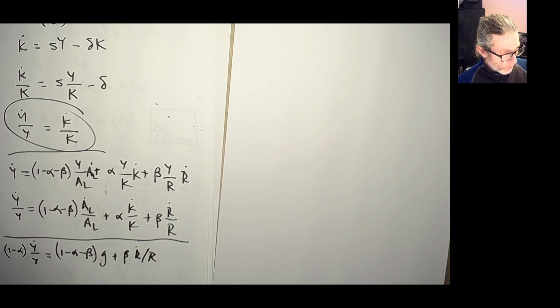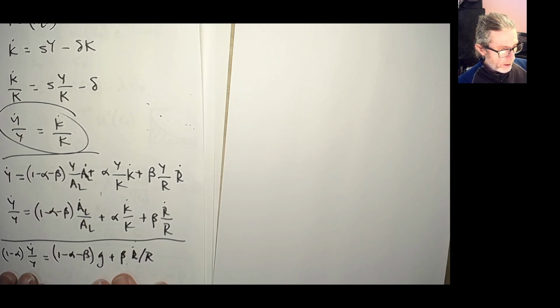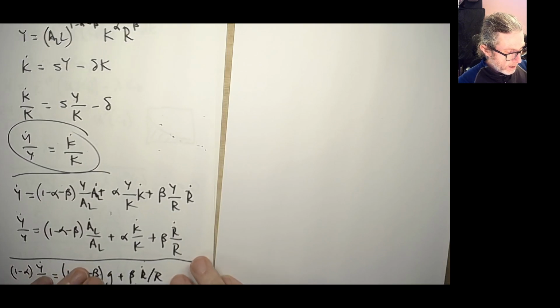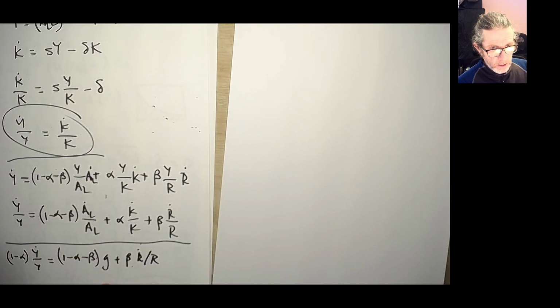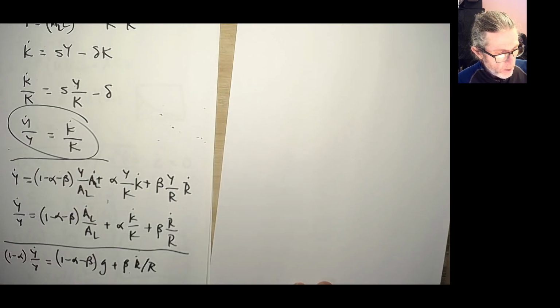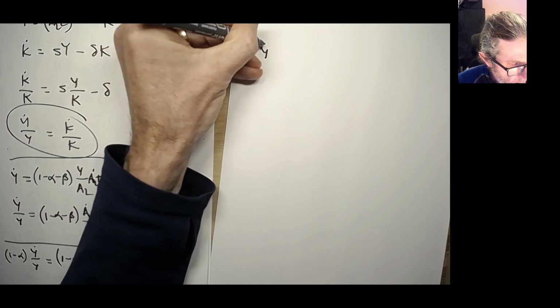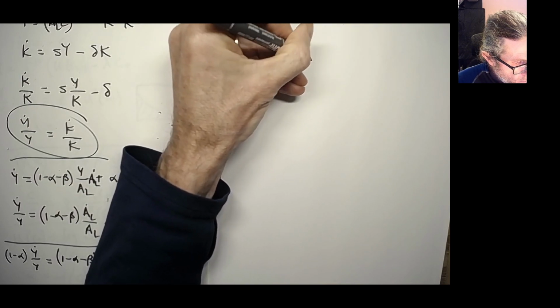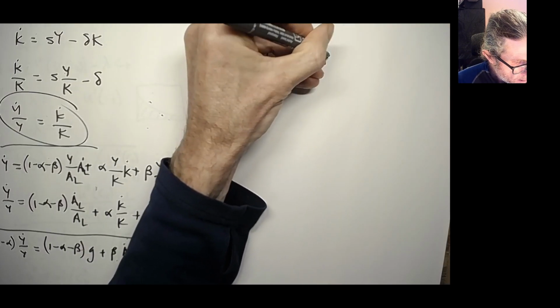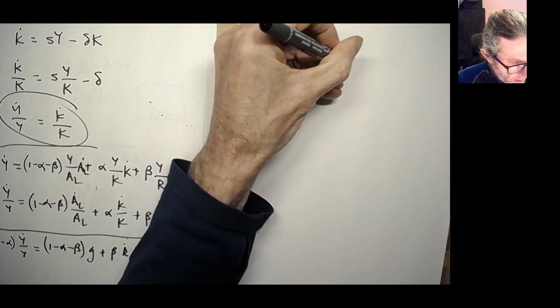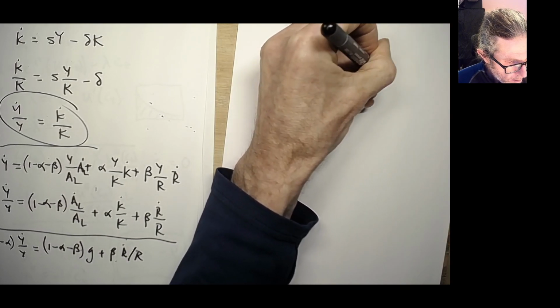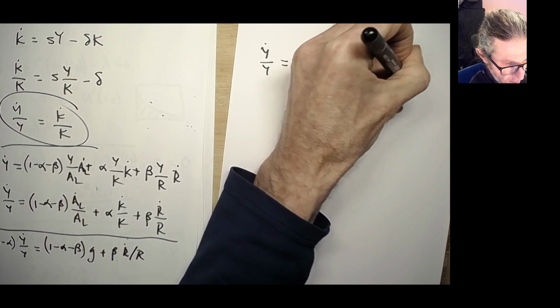So if we divide by 1 minus alpha, we end up with, oops, that's the notes from earlier. We'll go on to the separate page, sorry. We end up with y dot over y is 1 minus beta over 1 minus alpha g plus beta over 1 minus alpha r dot over r.